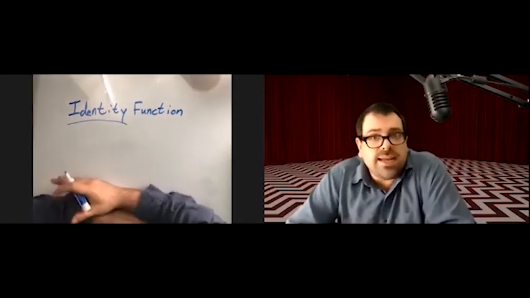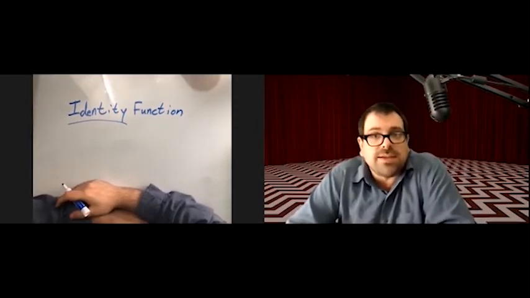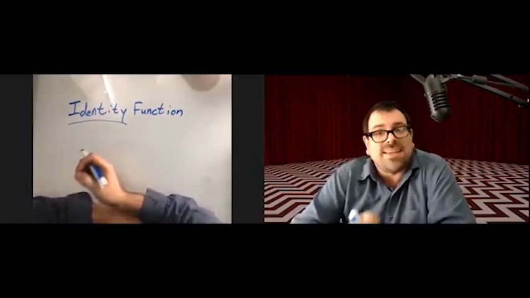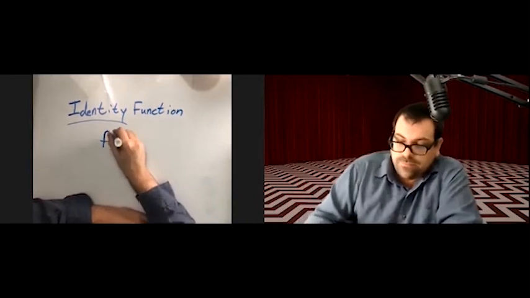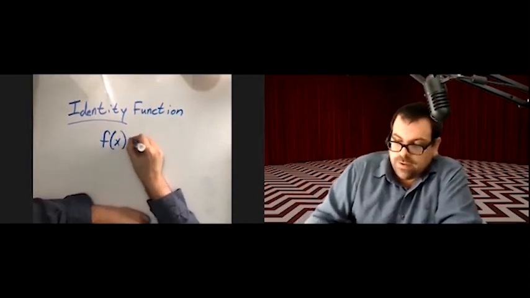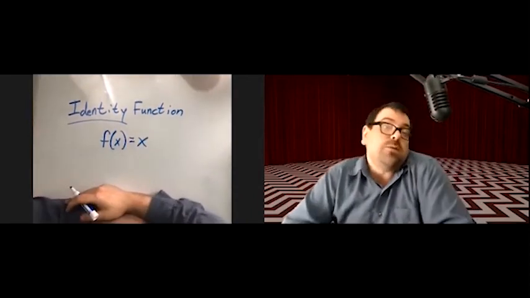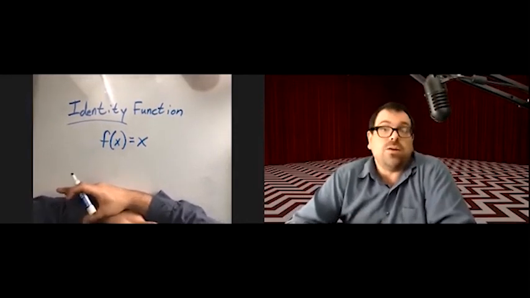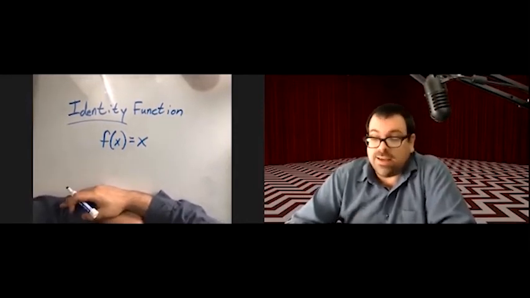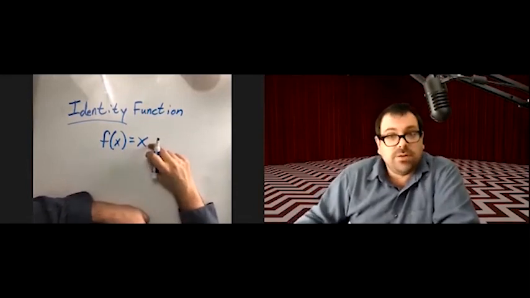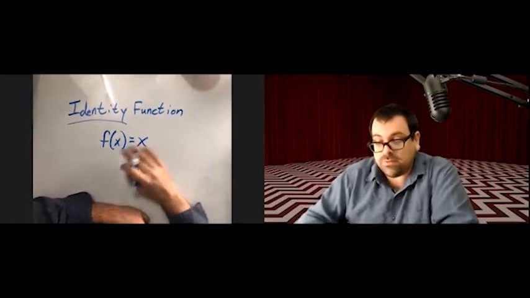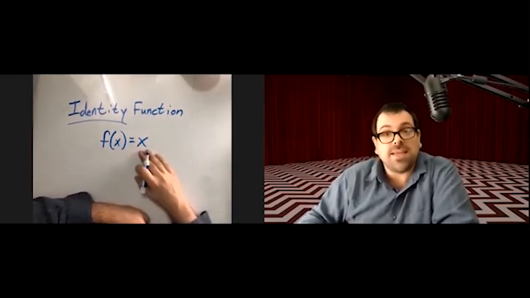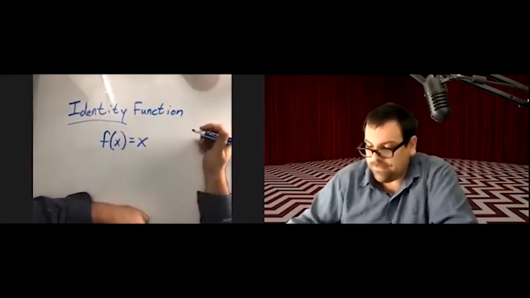When we see the word identity in math, it should make us think of another word, itself. The identity function is f of x equals x, or y equals x. It's the function where our input is x, and the output is itself, x, itself, the identity function.